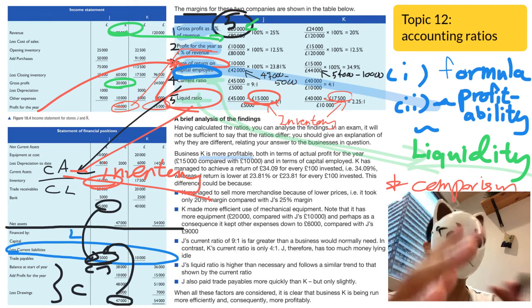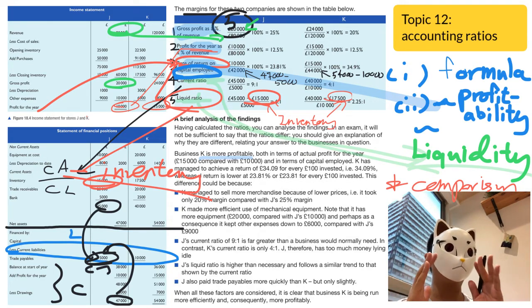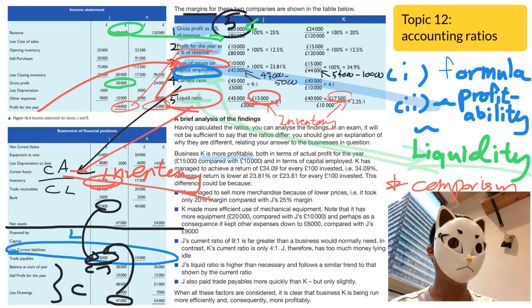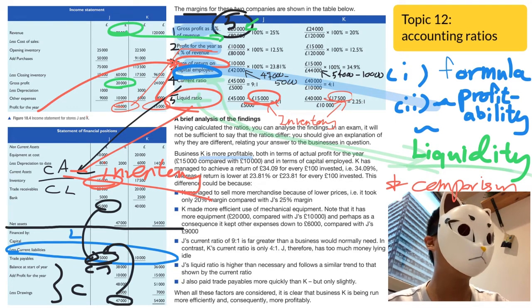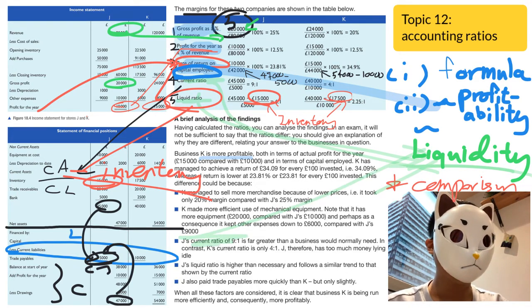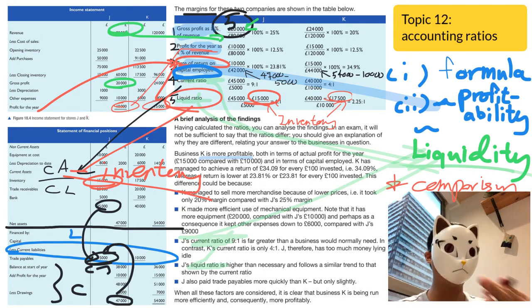So the first thing we have to draw is about the profitability. Now the second thing we need to draw is about the liquidity. So here, we can take a look at the current ratio and liquid ratio to assess the liquidity.